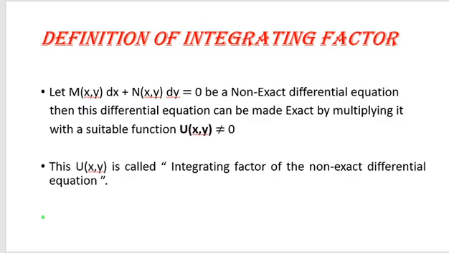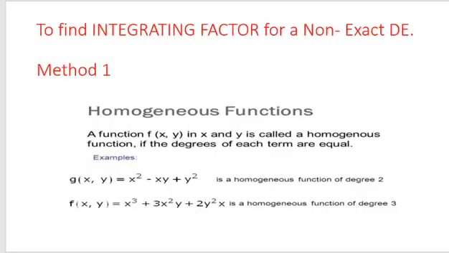Therefore, the function you are considering, u(x,y), must always be a non-zero function, and this u(x,y), which is a function in x and y, is now called the integrating factor of the non-exact differential equation.